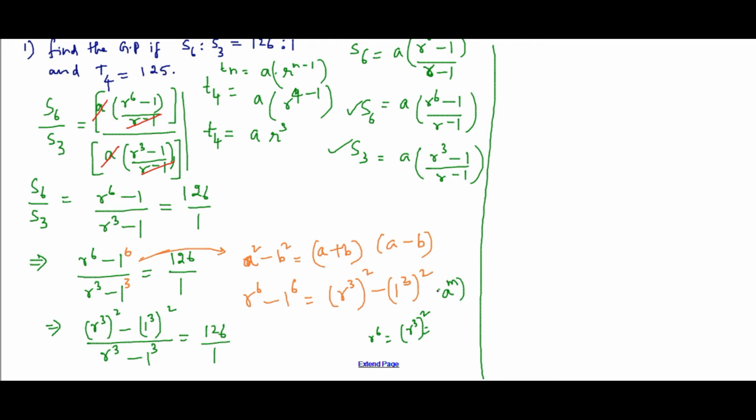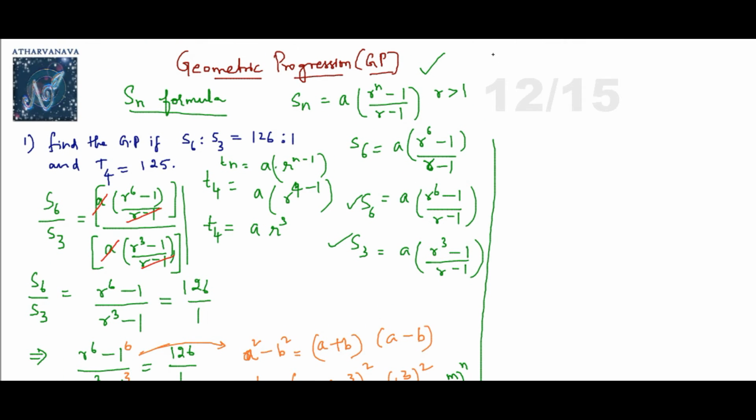A power m whole power n formula is A power mn, power to the power. In exponents you must have seen this. So this is the concept I am using now. So what will happen? R power 3 whole power 2 minus 1 power 3 whole power 2 by R power 3 minus 1 power 3 is equal to 126 by 1. I am rewriting.